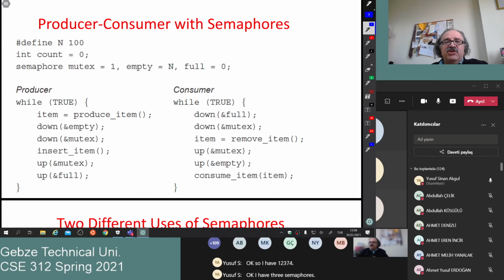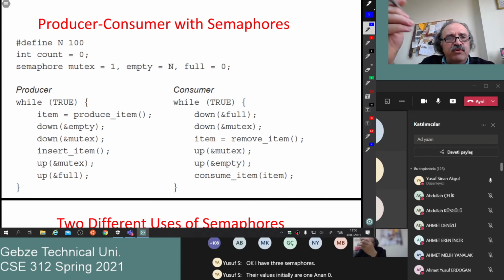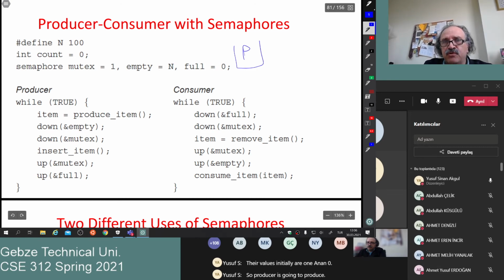Their values initially are 1 and 0. So the producer is going to produce some numbers, items, and I will put them in a buffer of size 100, and the consumer will consume them one by one.